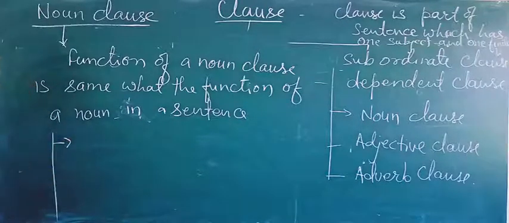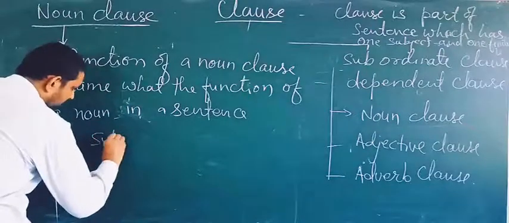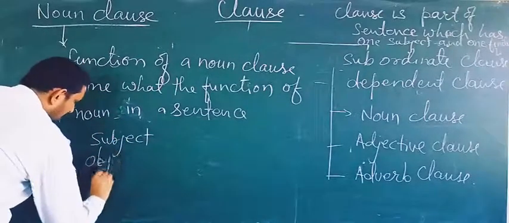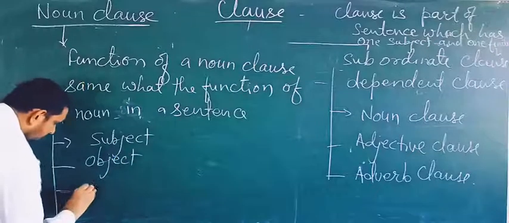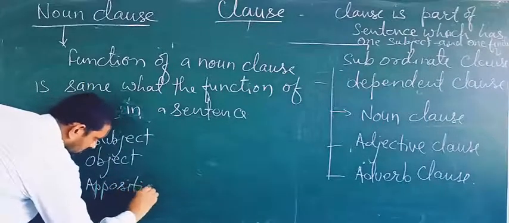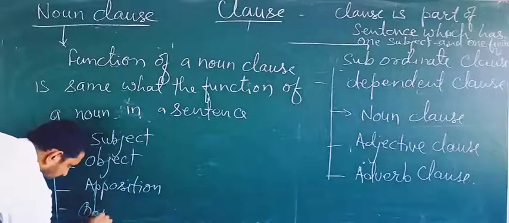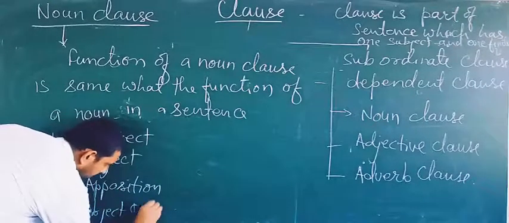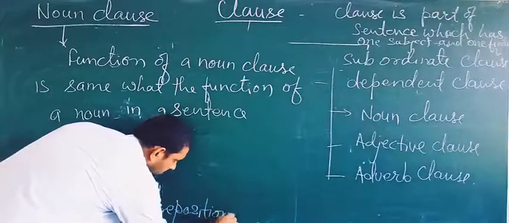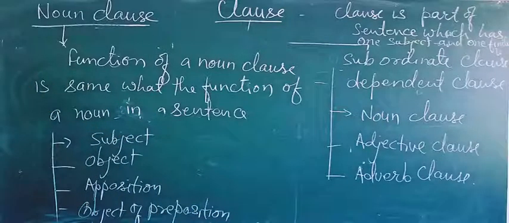A noun may be the subject of the verb, subject of the sentence, may be object, may be in opposition, may be object of a preposition.